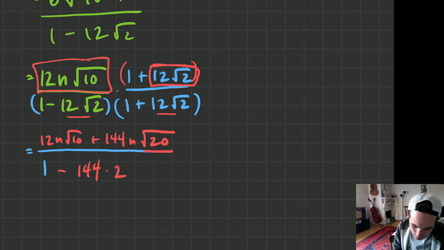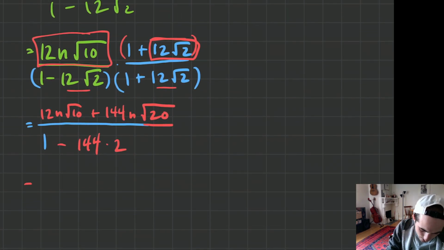So that is my numerator. Now we can simplify this quite a bit more. I've got 12n root 10, which I don't think I can do much with, plus 144n times root 20.